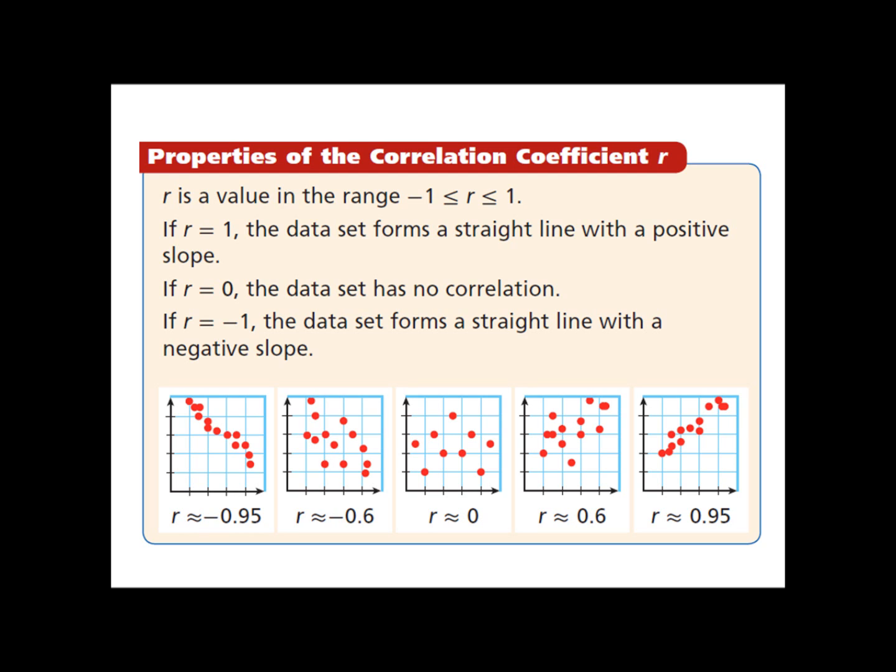As the data gets looser and looser, less and less from a straight line, that R value gets closer and closer to 0. Truly random data has an R value of 0. And then we see the R value start to tighten up again until again the data is almost on a straight line, so that R value is really close to 1.